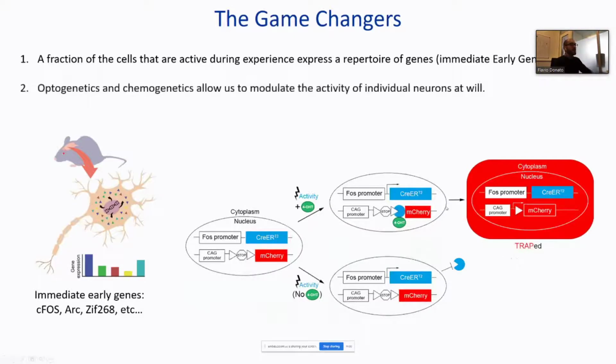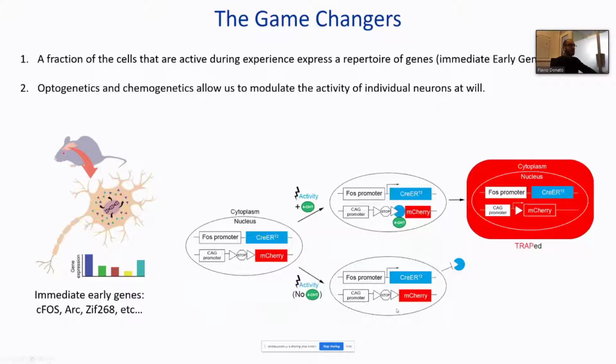But most importantly, we can use this technology to have only the neurons active at the moment of acquisition express effector proteins like GCaMP, like channelrhodopsin, like the DREADD receptor for chemogenetics, which give us the possibility to study their activity and to manipulate their activity in a controlled fashion, to test the hypothesis that Semon and Hebb had helped put forward. That is, that the memory of the experience is actually encoded in part of the neurons that are active during that experience itself. Is that clear?